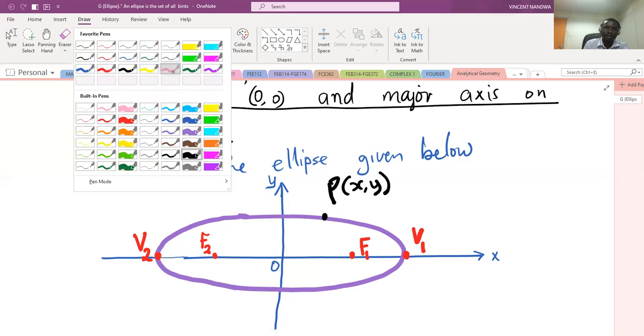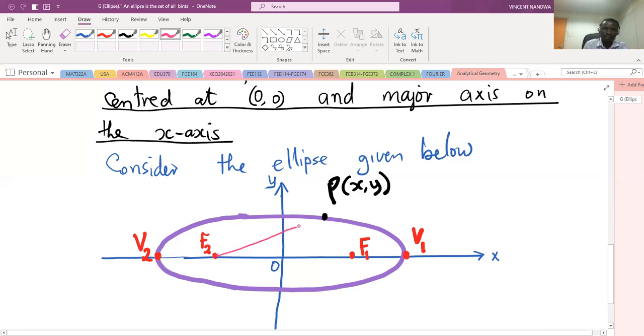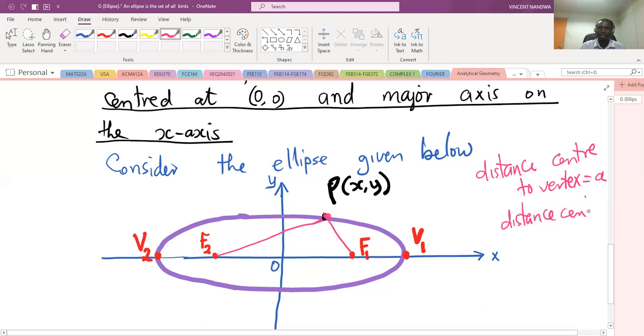And so we can join F2 to P and F1 to P. Customarily, the distance from center to vertex is given by a units, and the distance from center to a focus is given by small c units.